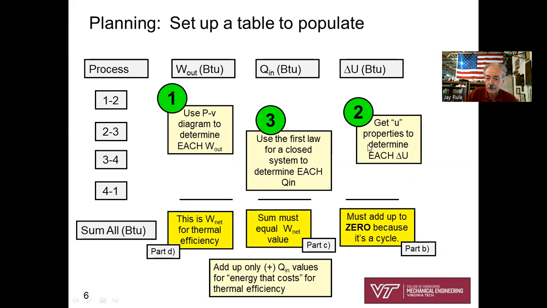I'll save Q in for last, because as I plan my work, I remember that when you're asked for Q, this can pay off for you in a quiz or a test: it's very predictable that you're going to use the first law of thermodynamics for a closed system to solve for Q. It's like a little hint. So I save that for last. And then the sums: parts B, C, and D, you're summing up the columns.